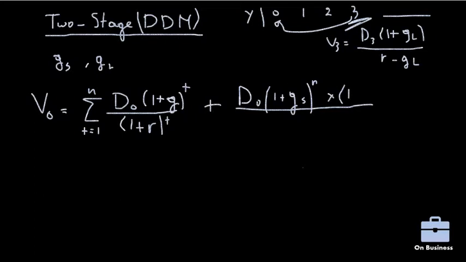I multiply it by 1 plus g long-term, that's the long-term growth. To get the value of the perpetuity, I have to divide it by r minus g long-term, but that would be the value at year n, and I want it at year 0, therefore I have to discount by 1 plus r to the power n, and that's how I will get this value at t equals 0. So this is the formula.